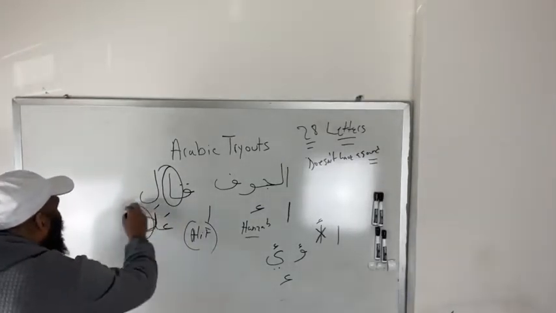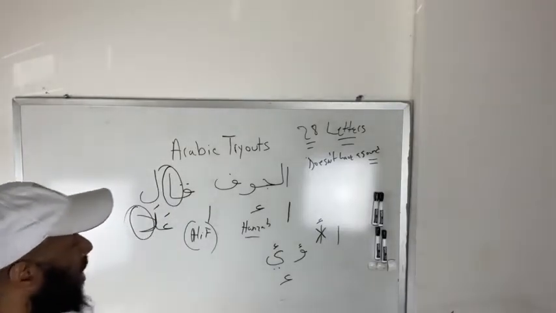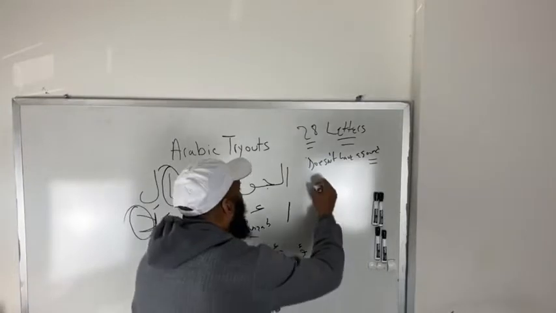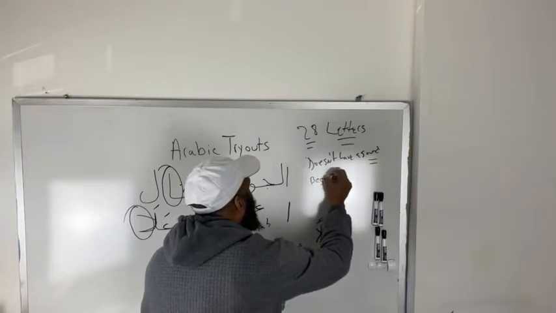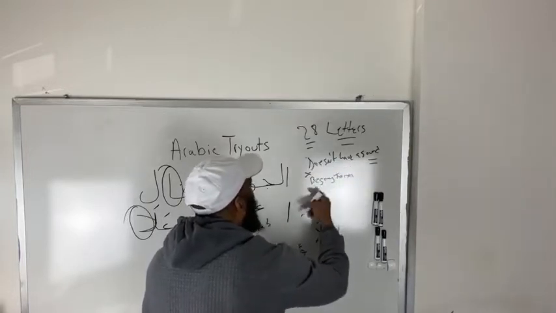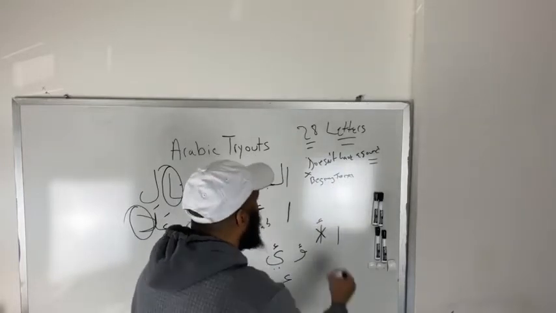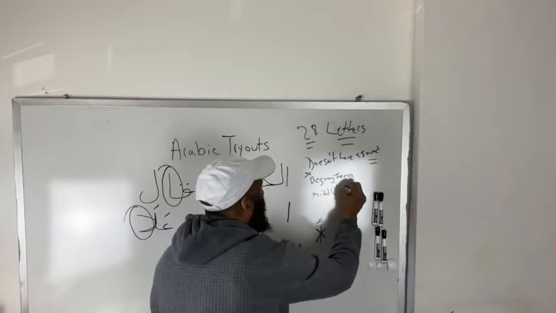You might see it in the end. So it can be in the middle and the end. All right? So, aleph never begins at the beginning. It does not have a beginning form. Aleph does not have a beginning form. It has a middle and an ending form.